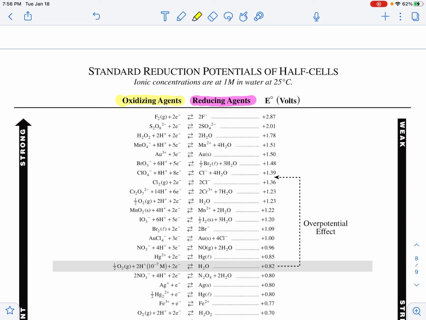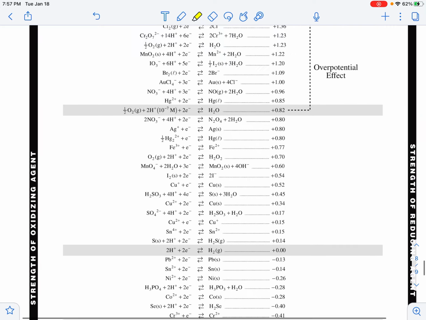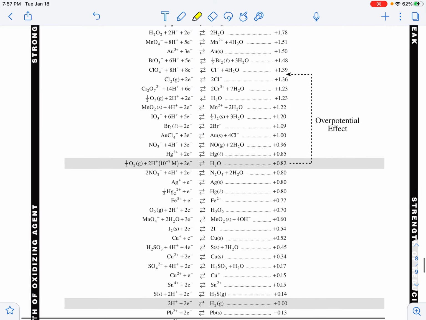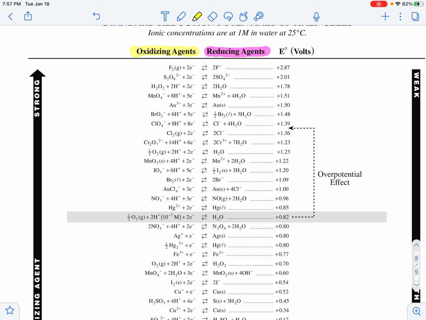So the table is set up in such a way that every single reaction on this chart, from the top to the very bottom, has the thing on the left reducing to form the thing on the right. You can kind of tell that because the electrons are on the left-hand side, as a reduction half cell would be.